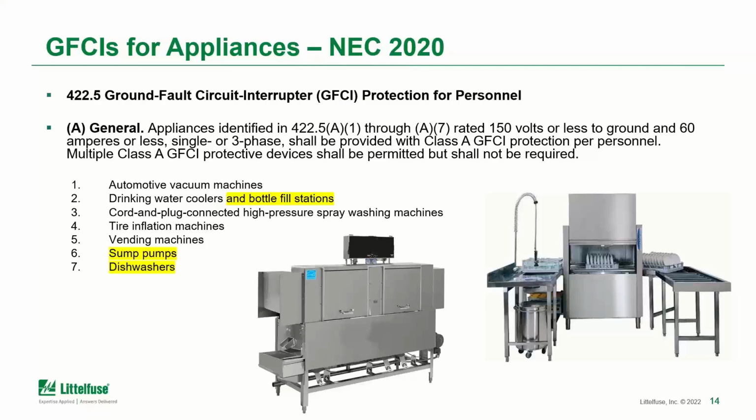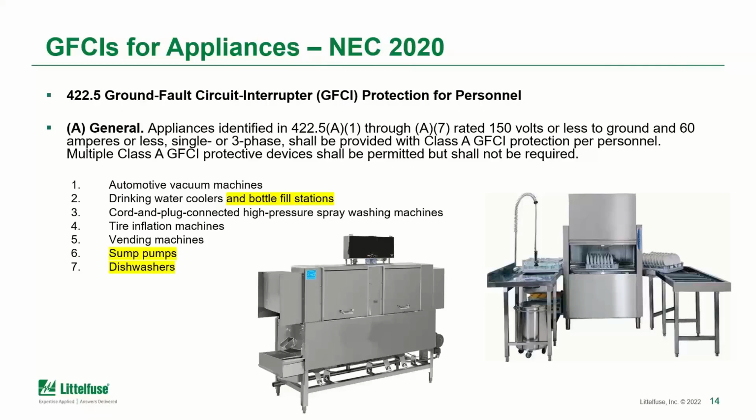And finally, on that note, the one last reference I want to make is section 422 of the 2020 NEC, which talks about GFCI requirements for appliances. And in the 2020 cycle, dishwashers were added to this list. So three-phase devices that were 60 amps and below are now required to be supplied by a GFCI circuit.